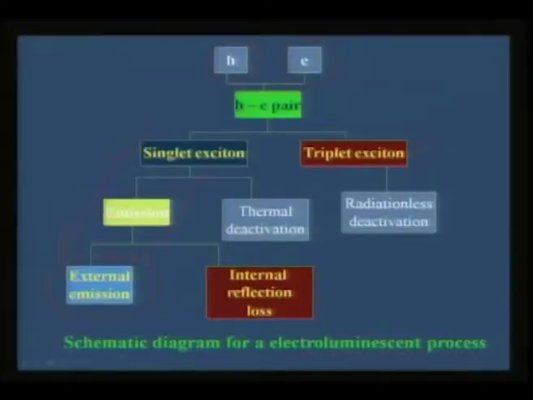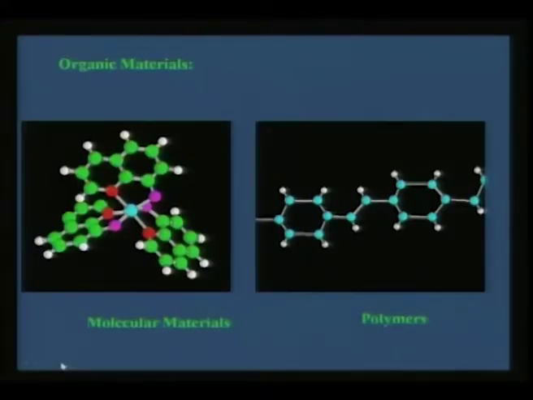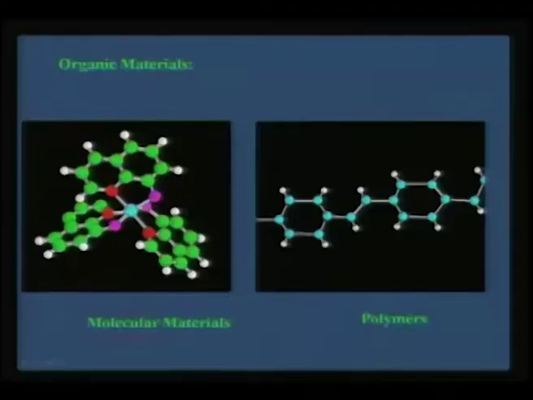Therefore we are more concerned about this protocol, how we can harvest the light from a singlet exciton. And also I told you in the last class there are two basic organic classes of compounds, namely molecular materials which are based on ALQ3, or polymers which hold this display technology.